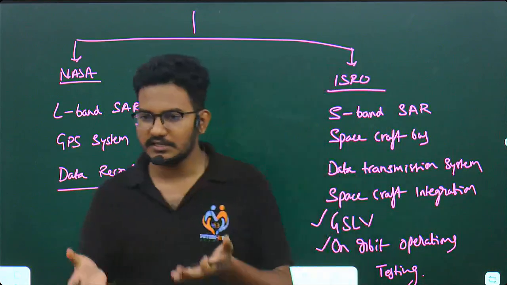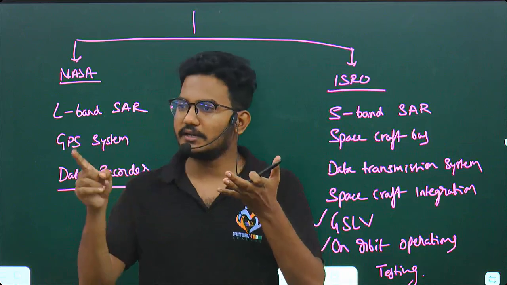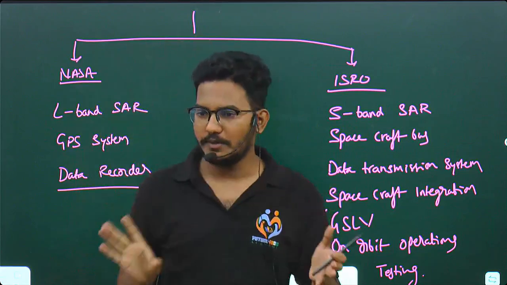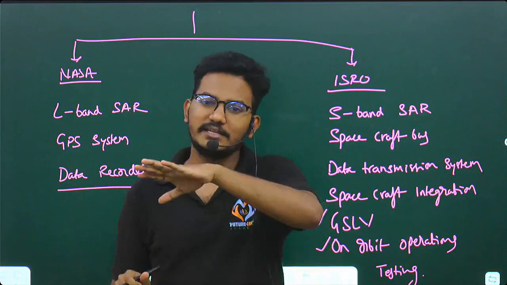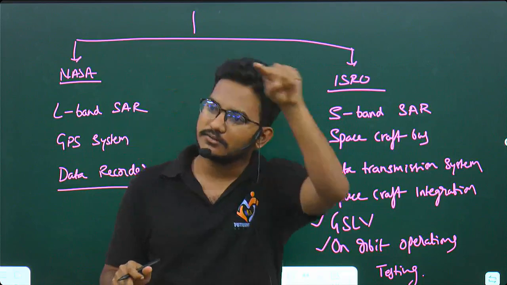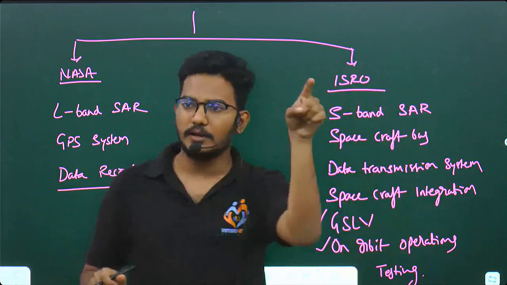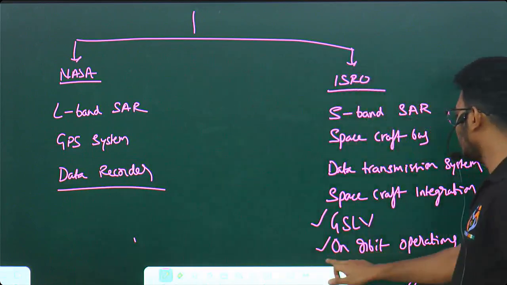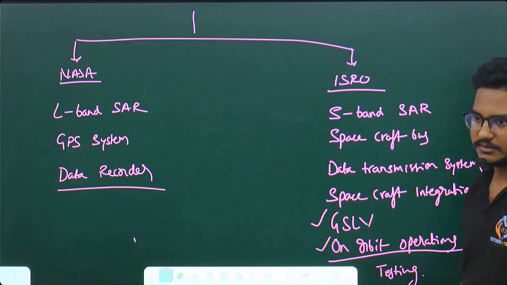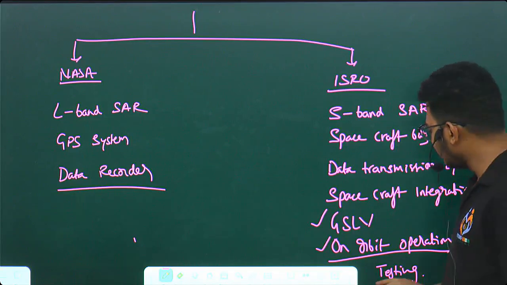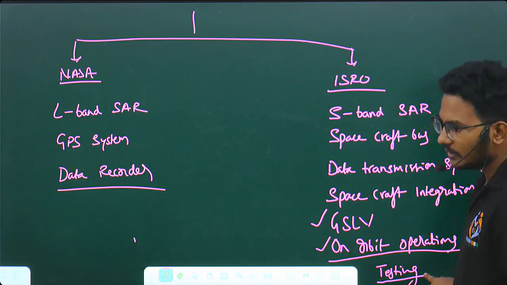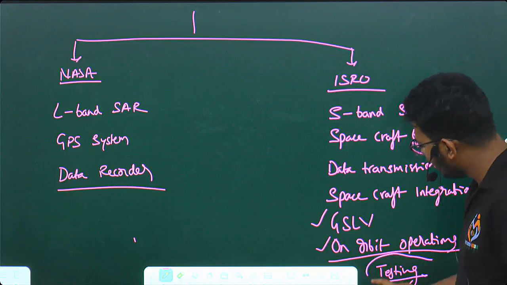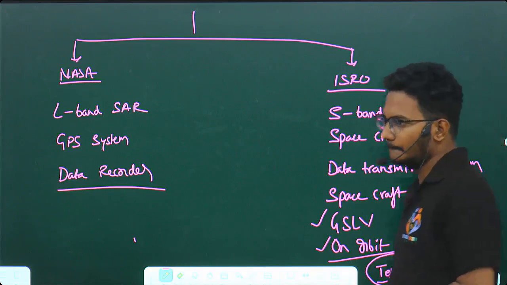With the stages of rockets, we'll try to launch the satellite into the orbit. That launching process is nothing but on-orbit operations. Once it has gone there, before that we'll do so many tests. The testing responsibility is also ISRO's.